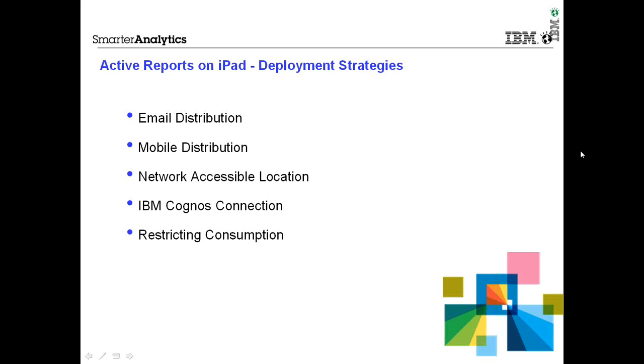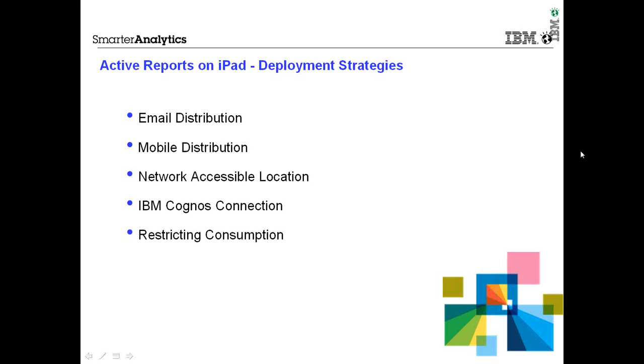The second option is mobile distribution. If you remember the previous slide, I indicated that you can schedule the reports to get refreshed, and whenever you connect with the IBM Cognos BI server, the reports will automatically get refreshed. This is what we are talking about, mobile distribution.